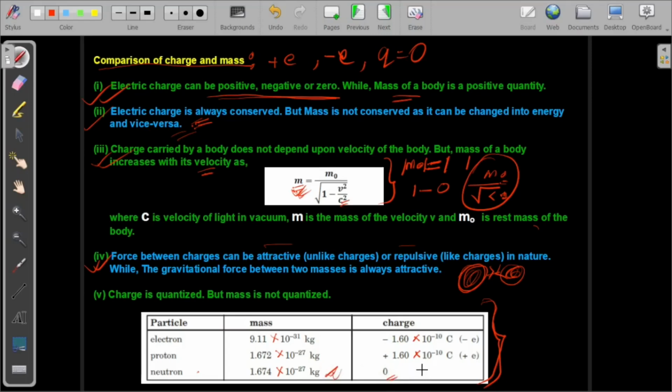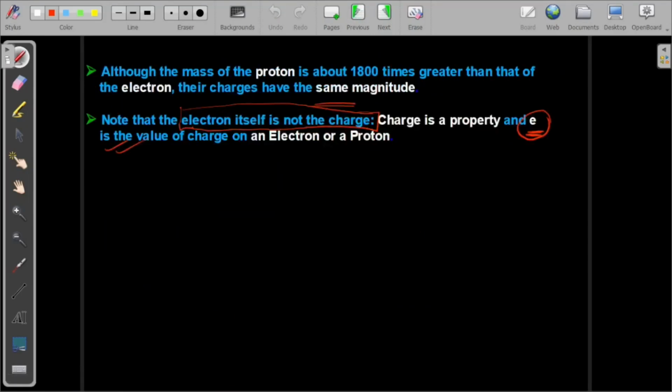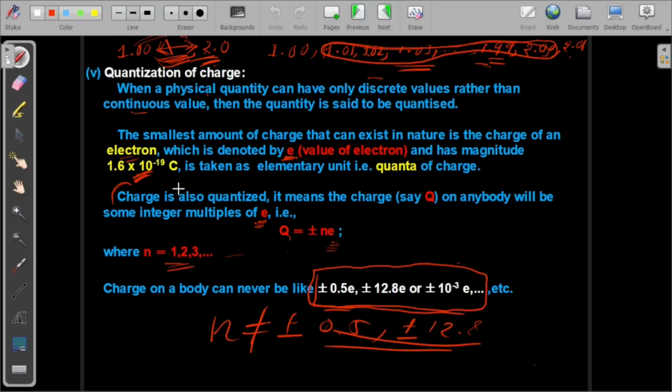Charge of an electron is 1.6 into 10 to the power minus 19 coulomb. Understood? The value is given here.